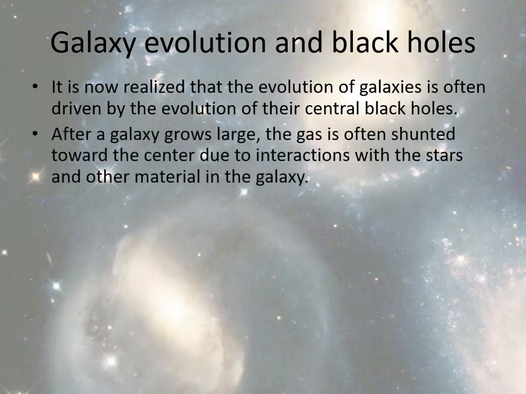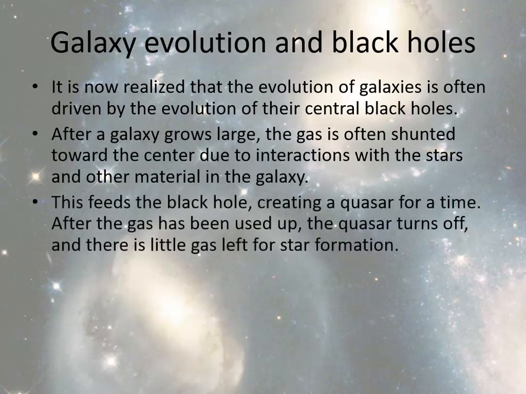And we also now realize that the evolution of galaxies is often driven by the evolution of their central black holes, because as gas gets sent toward the center, that black hole is feeding off of the gas. That creates a quasar for a time. We're going to talk about quasars very soon. Be patient. But after that gas has been used up, the quasar turns off. And there might be relatively little gas left over for star formation in that case.